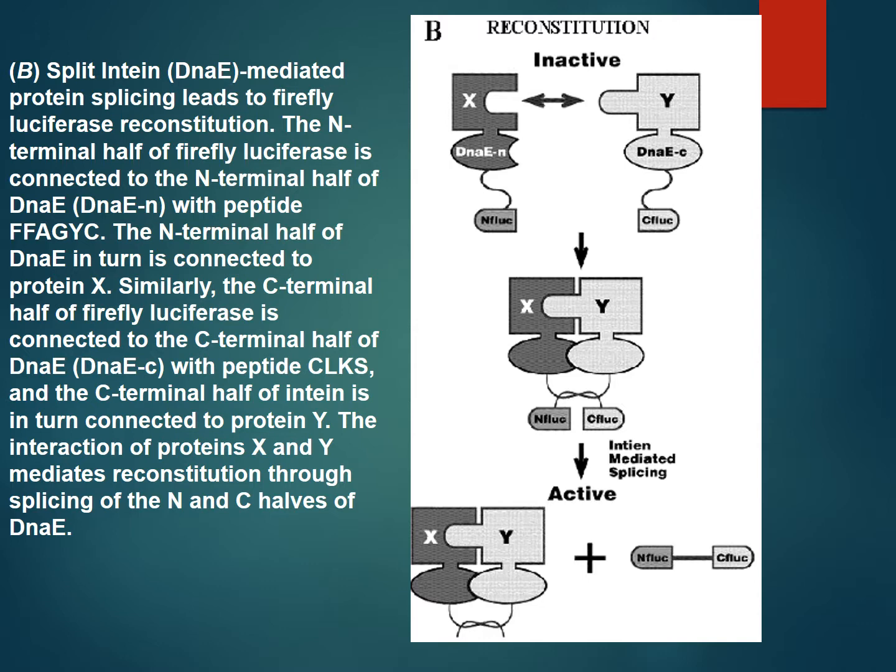So this is a little bit further here where they actually, and it's again even more sensitive, and they discuss it in the words, but long story short, they actually fuse X and Y together with a protein known as DNA-E.